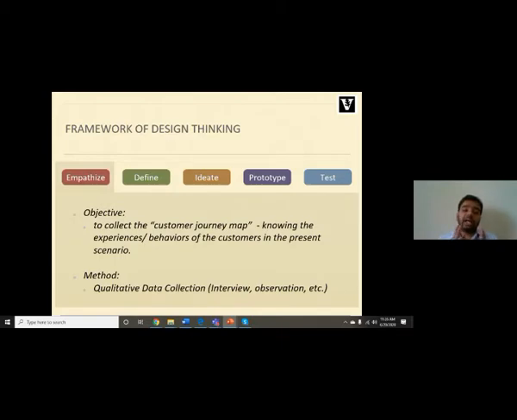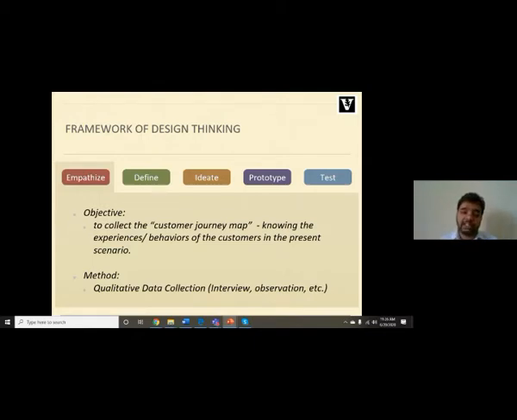So I need to know who you are as my customer, as my user, and I need a customer journey map: where you start from and keep going in this scenario, what you do, what impacts you, how you feel, what you say, etc. All these things will help me in creating a customer journey map.